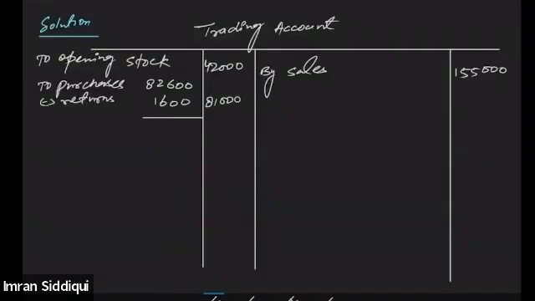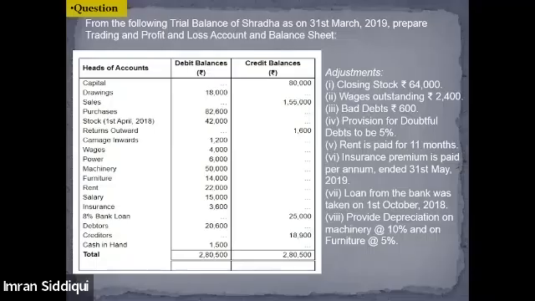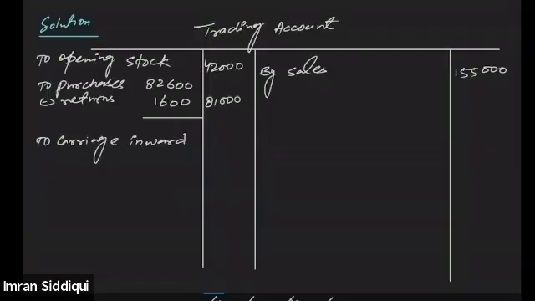It is a direct expense. Carriage inward. Is there any adjustment entry given regarding the carriage? I don't think there is any adjustment entry regarding carriage, so we can write down the value on the debit side of the trading account. 200. Right? And next.